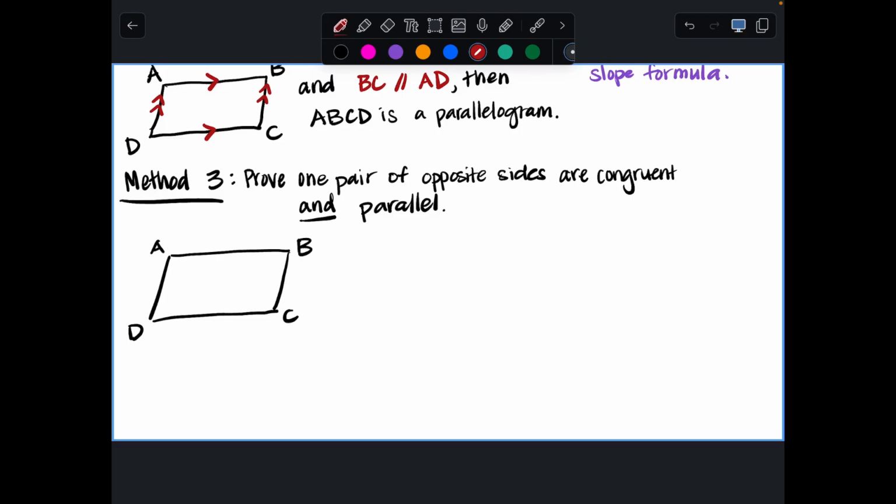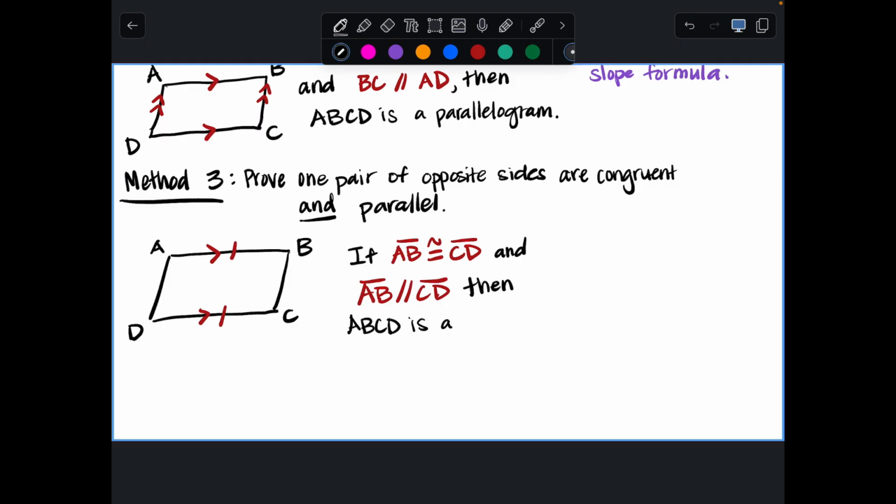Let's use AB and DC, and we're saying that they are congruent and parallel. So in this case, we would be using the distance formula and the slope formula.